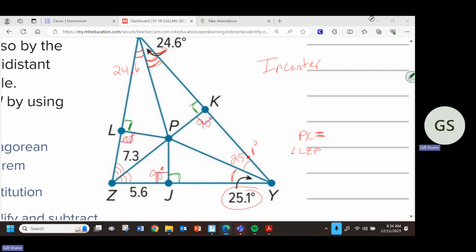So how can you solve for those two angles? Tell me what, so use letters.